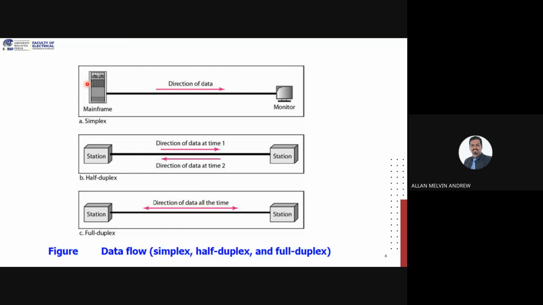So this will be just like a monitor. Okay, like how we are getting our TV channel. So we are getting it from the main station. Let's say you are using Astro, so you are getting the information from the Measat satellite.